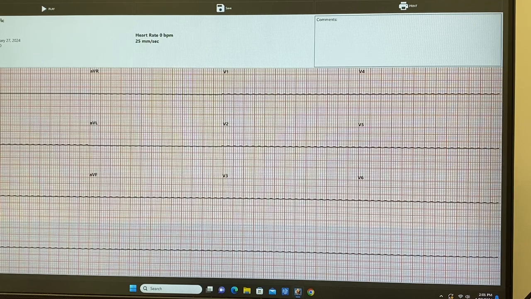If you have a patient who's coding, if they start with a coarse VFib, which is the one before, as they continue to lose electricity in their heart, it becomes finer and finer and finer until there's no electricity. Now it's a flat line. It's asystole.